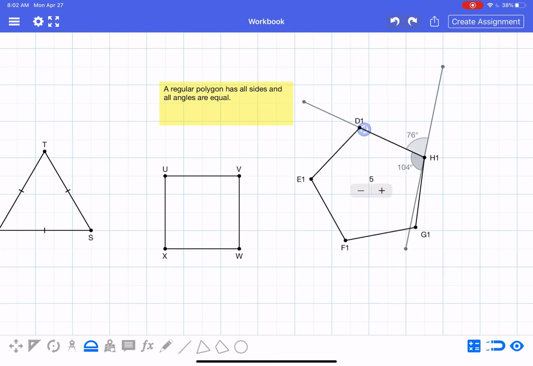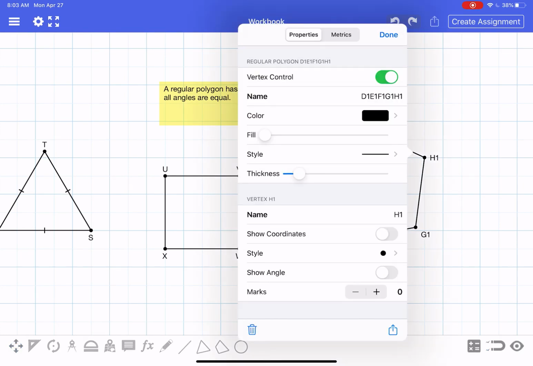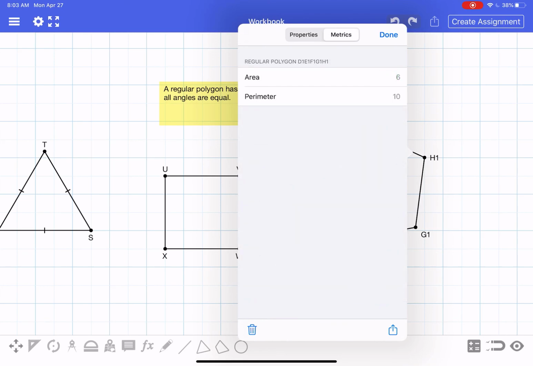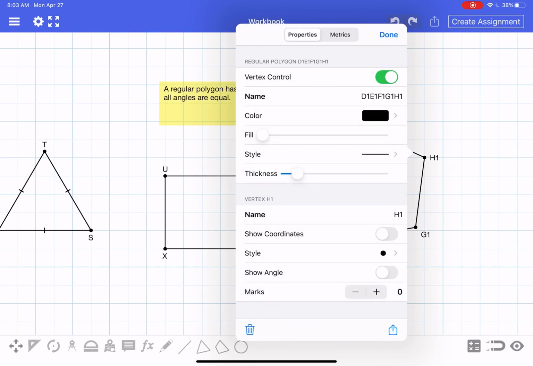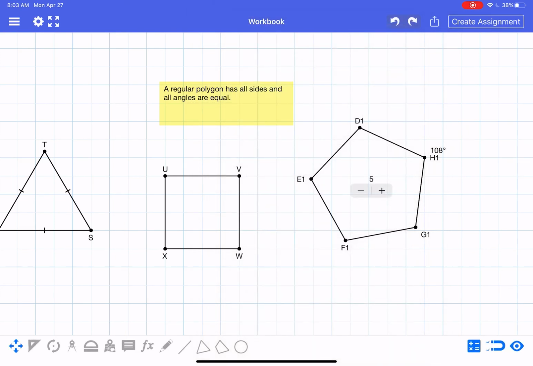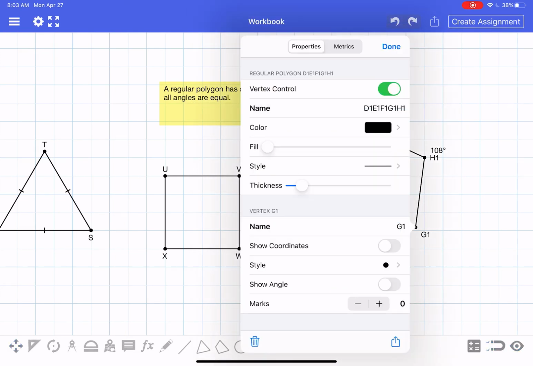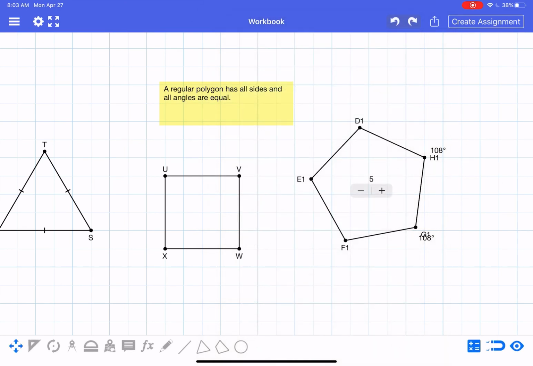Oh, no. I just have to take my word for it. Actually, I could probably just click on it and show the angle. There, so 108 degrees. Show angle, right? They're all 108 degrees.